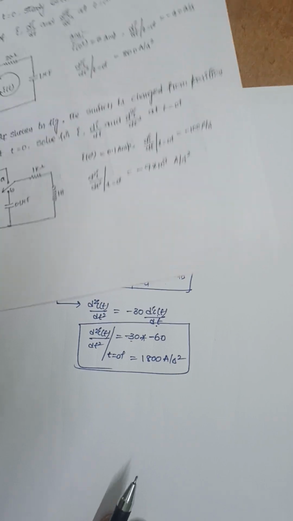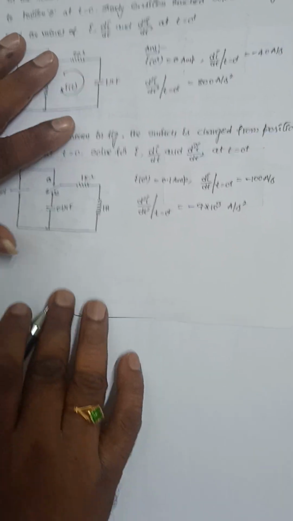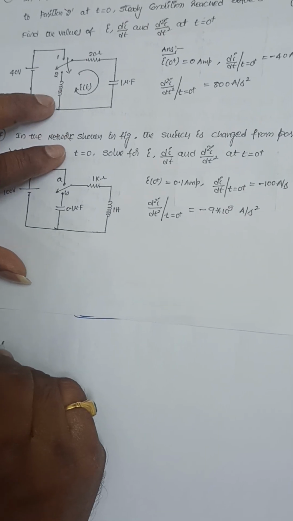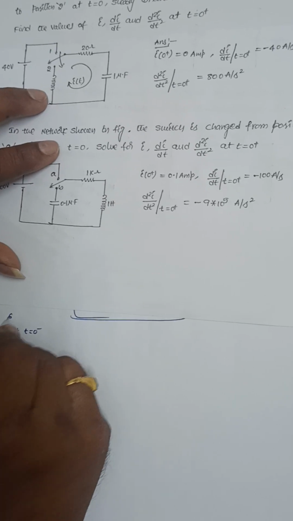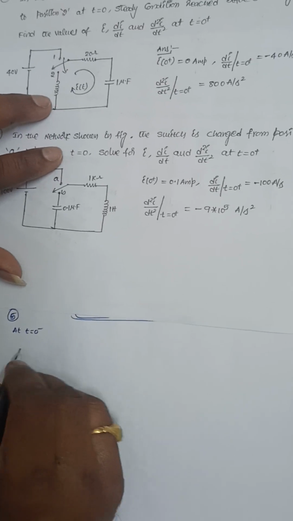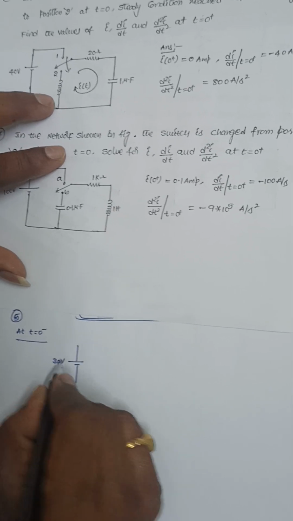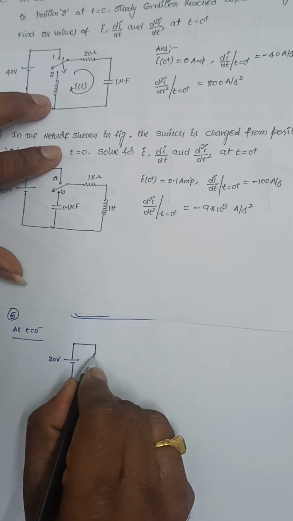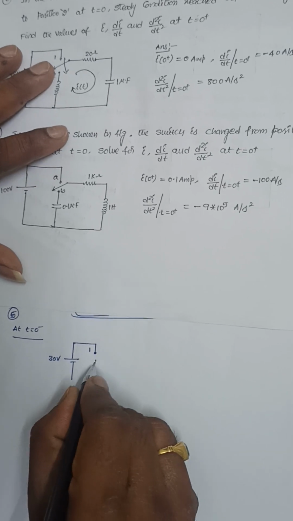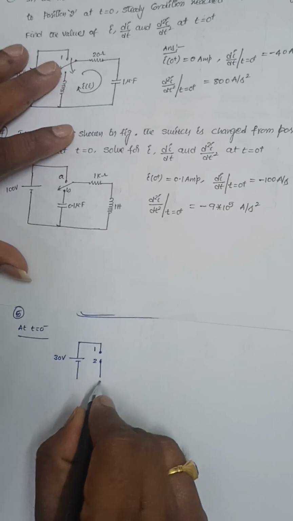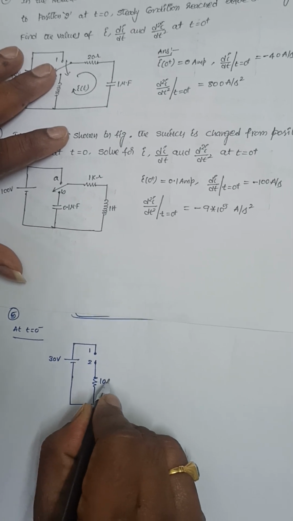The same question, so let me proceed with the same. At t equal to 0 minus, this is 30 volts, this is position 1, it is position 2, and the resistance is 10 ohms.